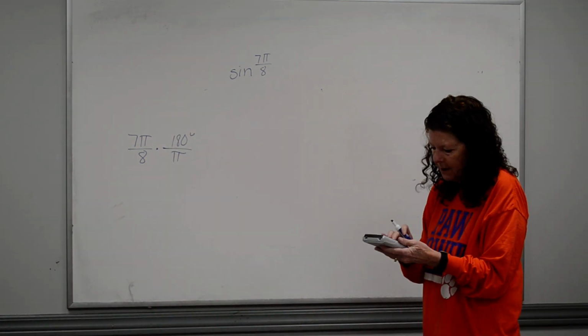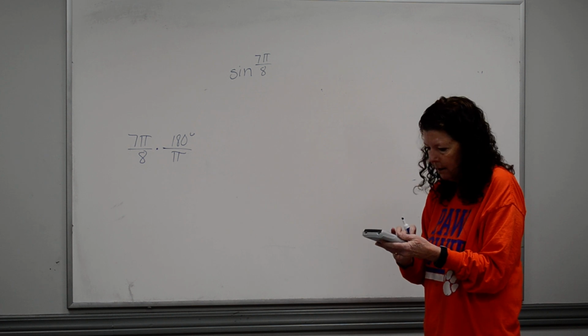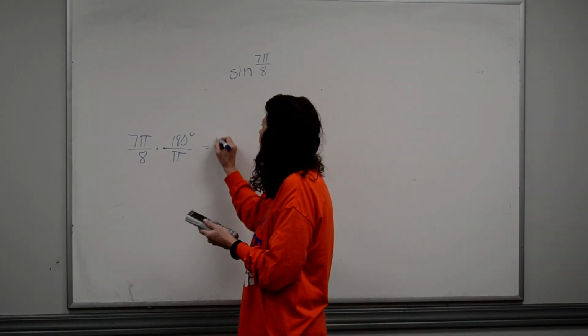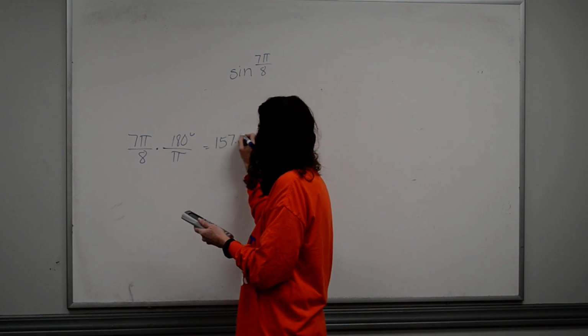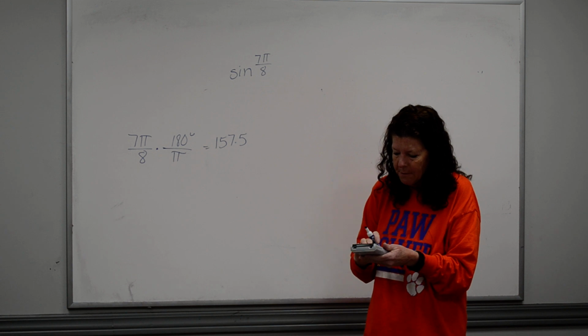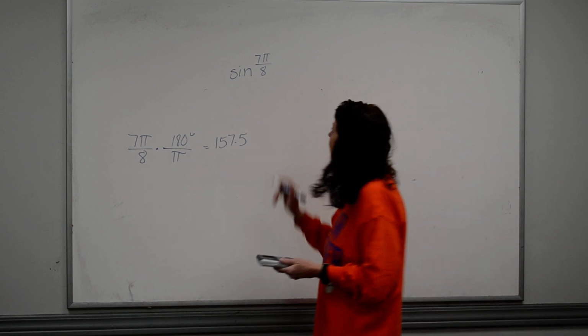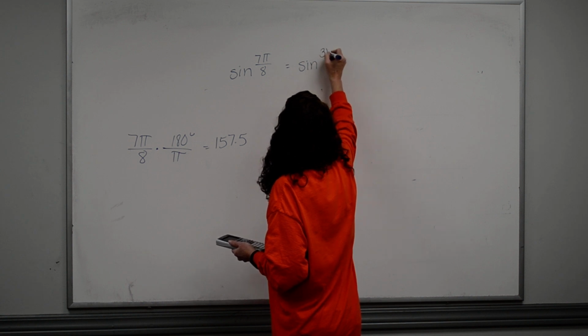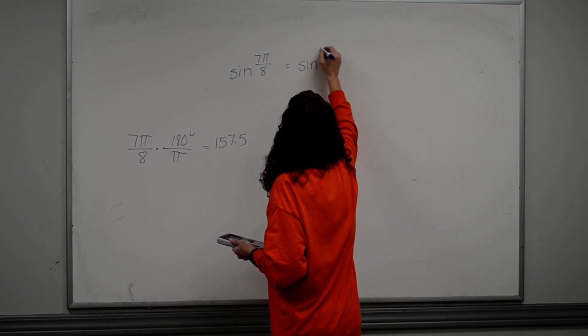So I have 7 times 180 divided by 8, and that's going to give me 157.5. Now remember, it's half of something. So if I multiply that by 2, I can write this as the sine of 315 divided by 2.